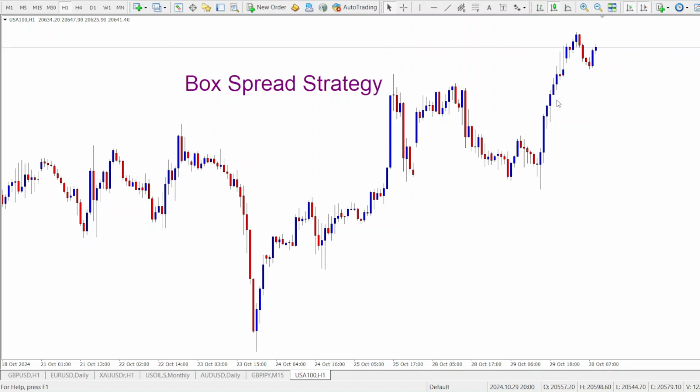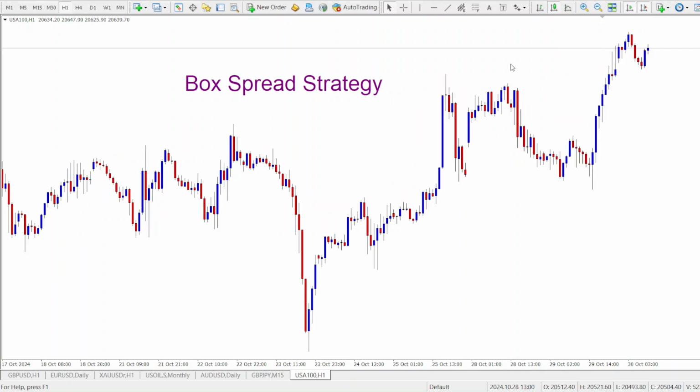So first thing is to identify the asset that you want to trade. Then the next thing is you find two strike prices, one for the long position and one for the short position. And then after that, you create your box by executing 4 trades. The 4 trades include buy a call option, sell a call option, buy a put option, and sell a put option.